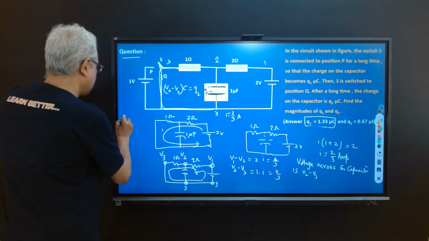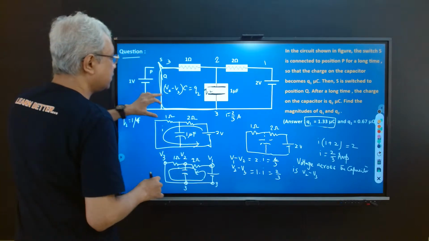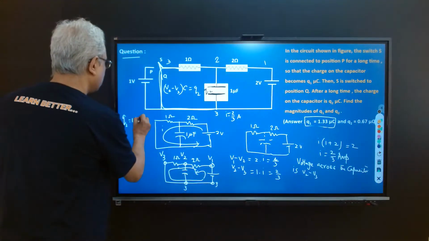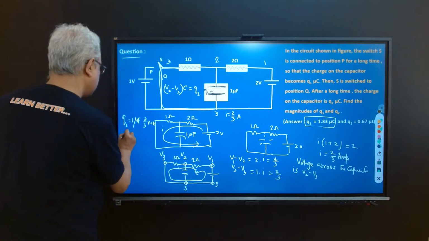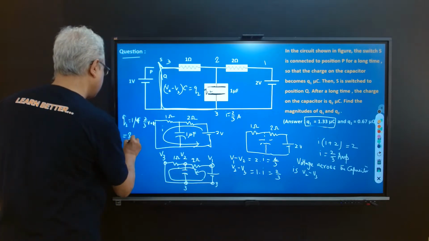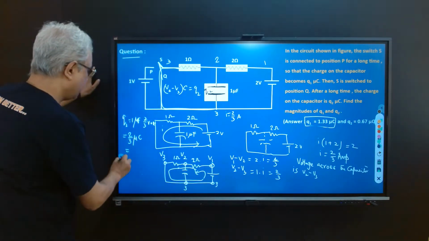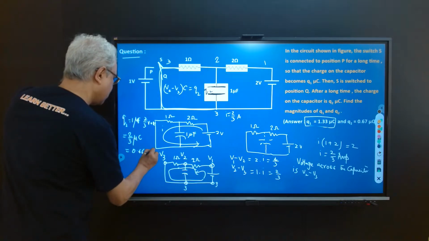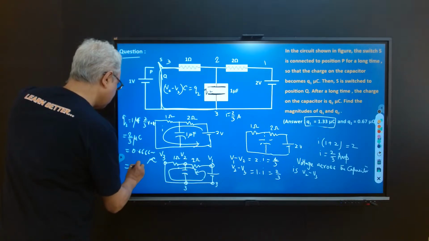So Q2 is, C is 1 microfarad and V2 minus V3 you have calculated, 2/3 volt. So it is 2/3 microcoulomb. 2/3 microcoulomb is actually 0.6666 microcoulomb. So I can write it 0.67 microcoulomb approximately.